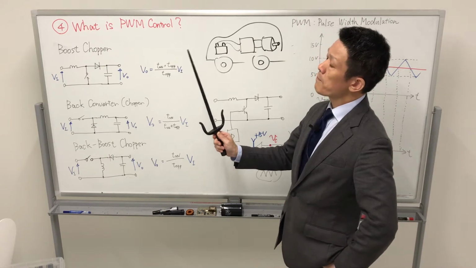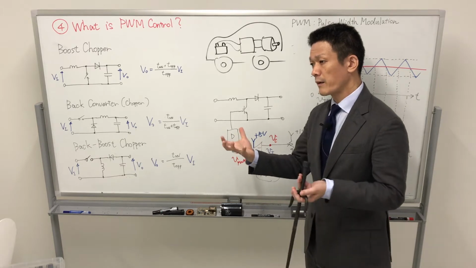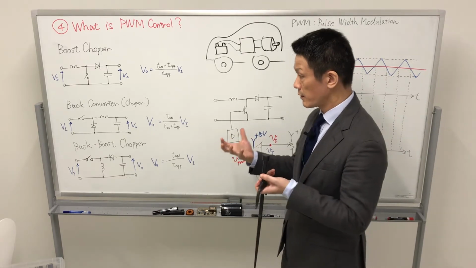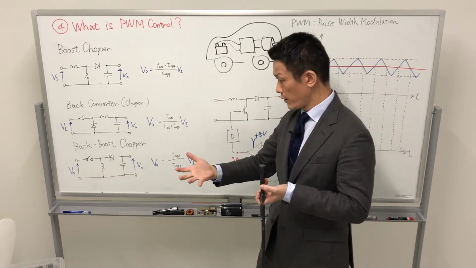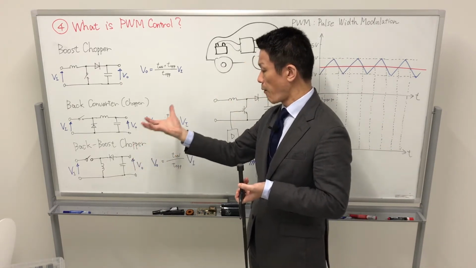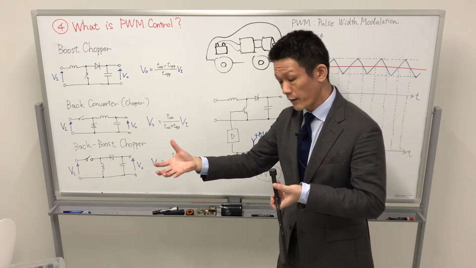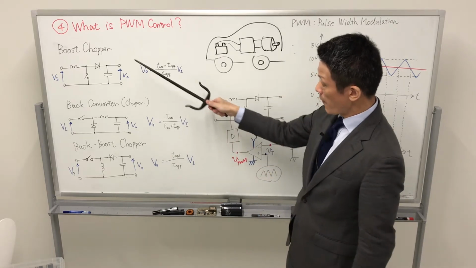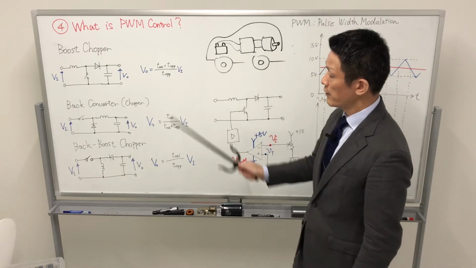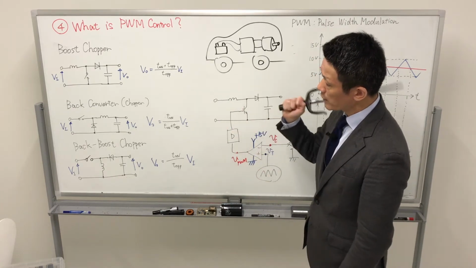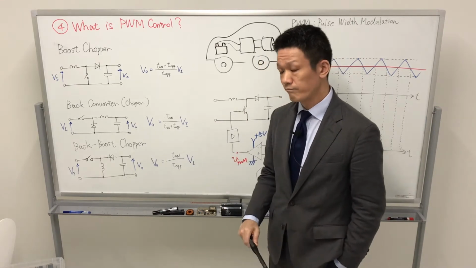The chopper is a very famous power electronics DC converter, translating DC to DC power. That DC converter is roughly divided into three types, non-isolated DC converters: the boost chopper, the buck converter, and the buck-boost converter.